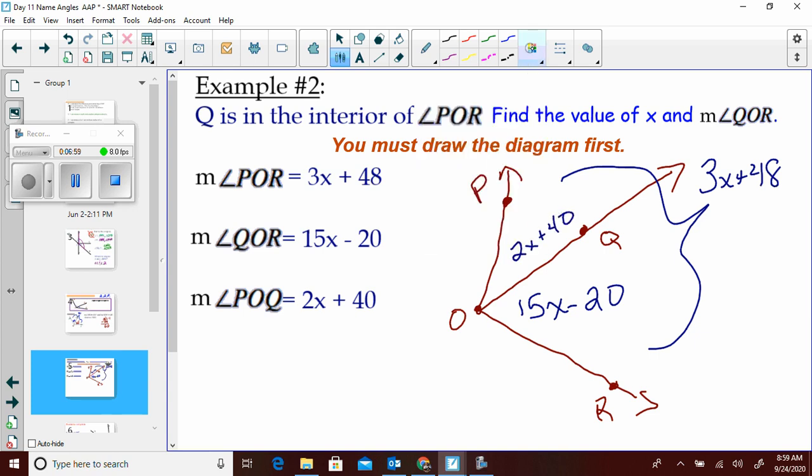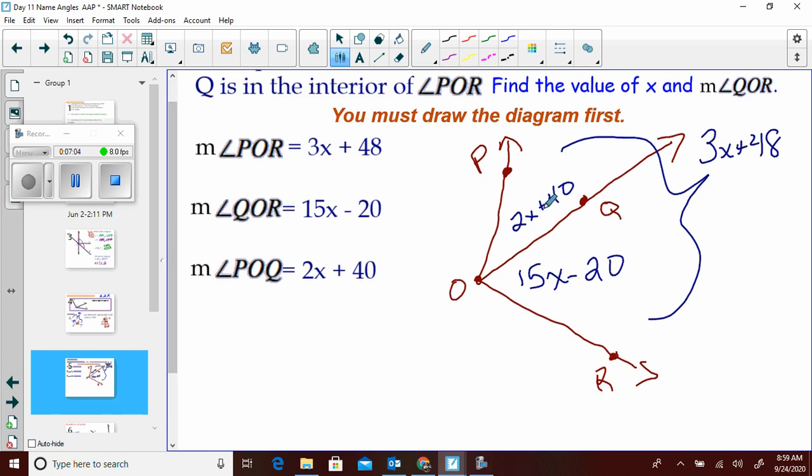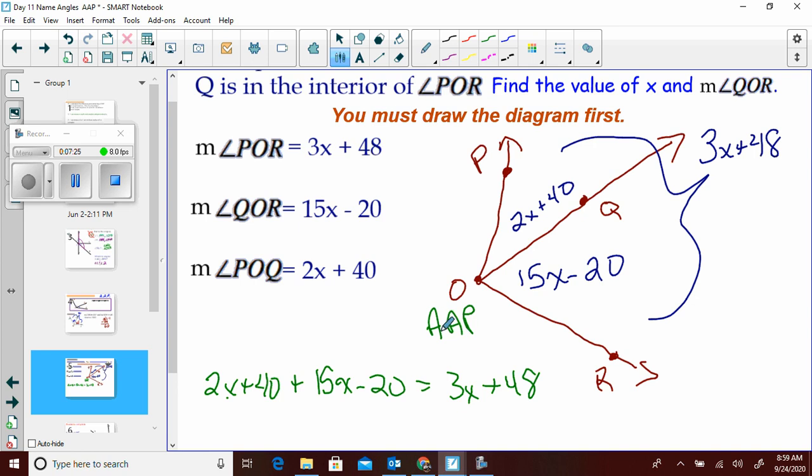Let's think about how we're going to solve this. Well, I have the two smaller angles and a larger angle. By the angle addition postulate, I can say that 2x plus 40 plus 15x minus 20 equals 3x plus 48. Because the angle addition postulate says the sum of two smaller angles is equal to the larger angle.